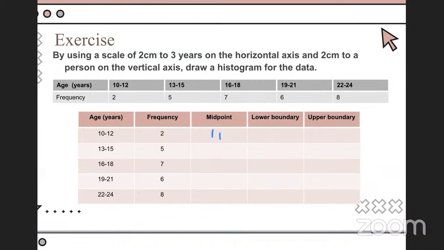In the reactions there, you can press the raise hand button. Oh, all right. Thank you. So for those who don't have graph paper, you can use the graph paper that I provide in the chat.